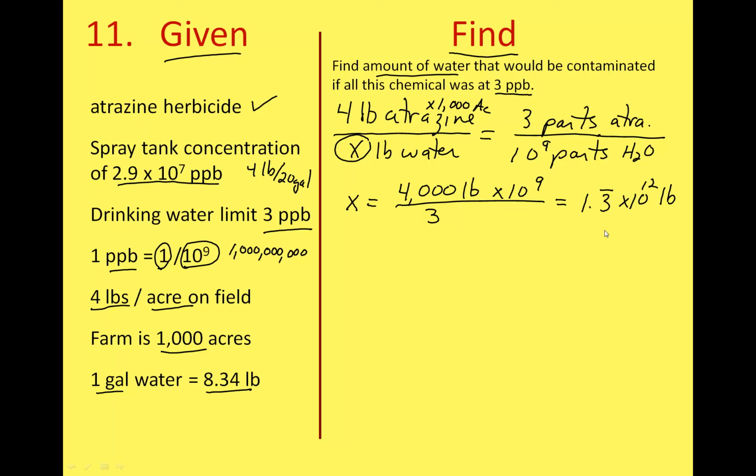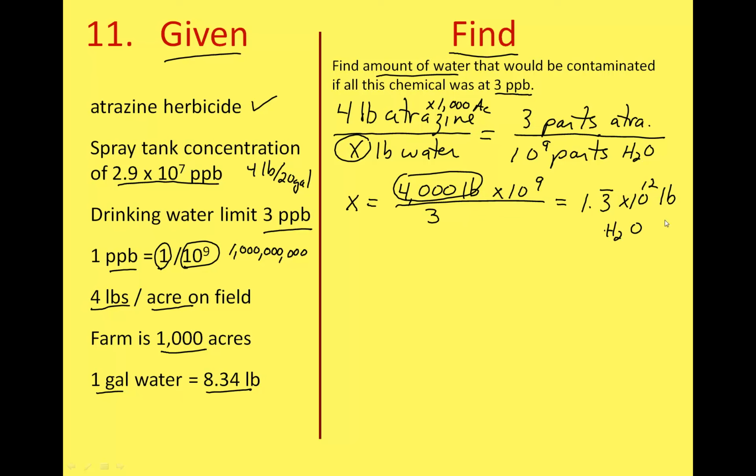So this is how much water, H2O, we're going to need: 10 to the 12th pounds of water to dilute the original 4,000 pounds of atrazine that we're applying to these fields. That's a lot of water. So what is our next step?